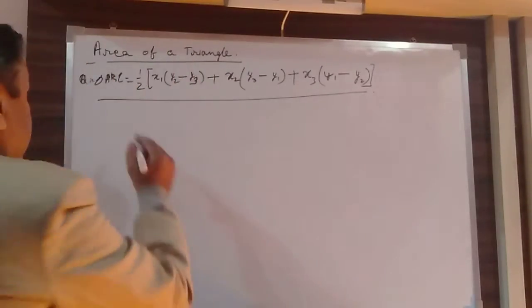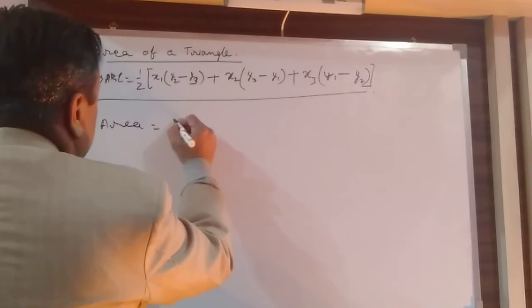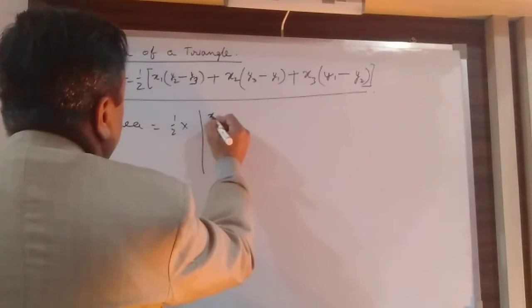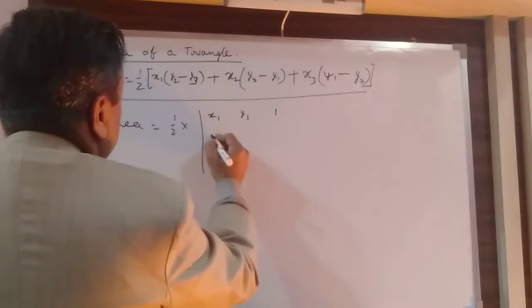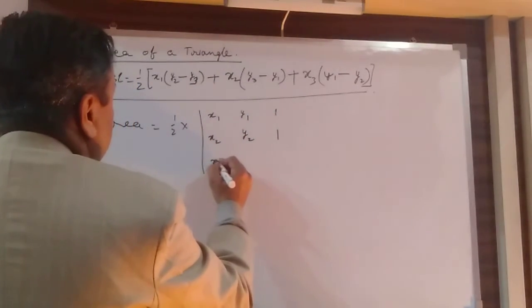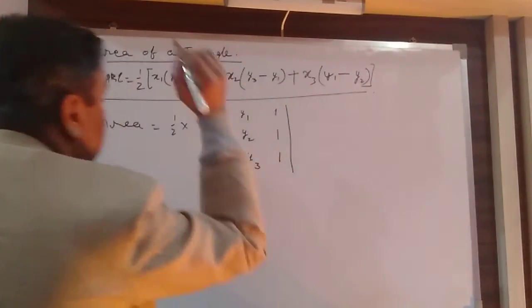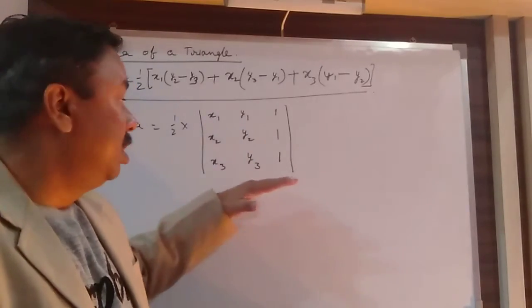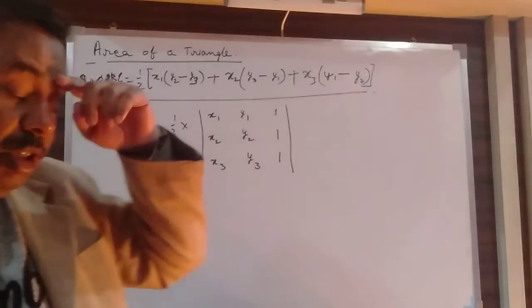I will write area equal to half multiplied by a matrix, and I will write x1, y1, 1, x2, y2, 1, x3, y3, 1. This is called a determinant.